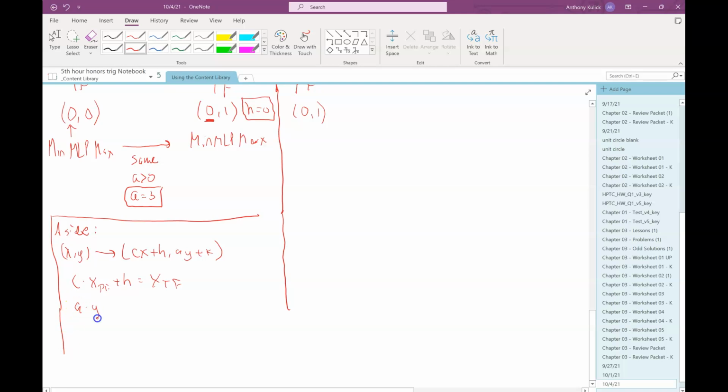And similarly, a times the y from the parent function plus k should give me the y from the transformed function. So in our case, we had 1/2 times 0 plus h equals 0. So h equals 0.